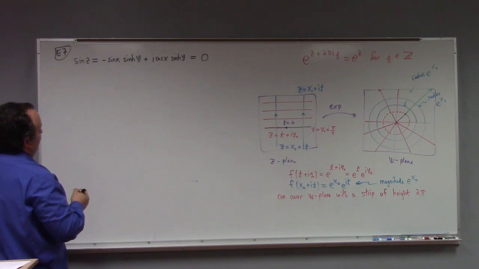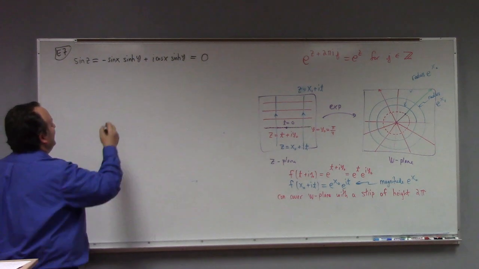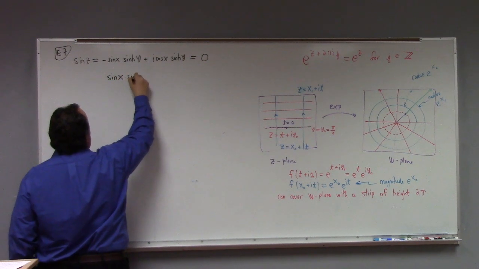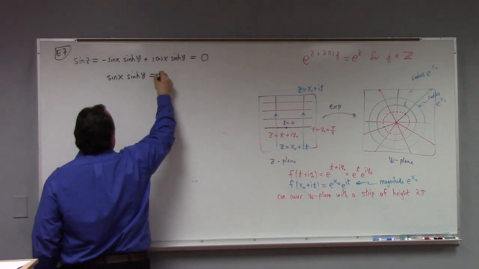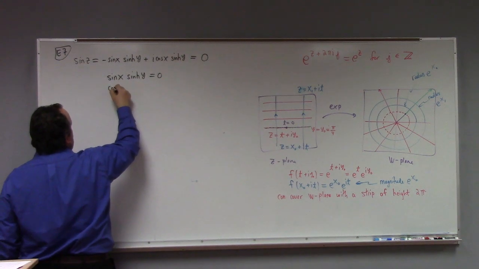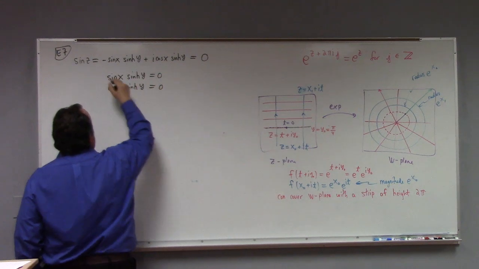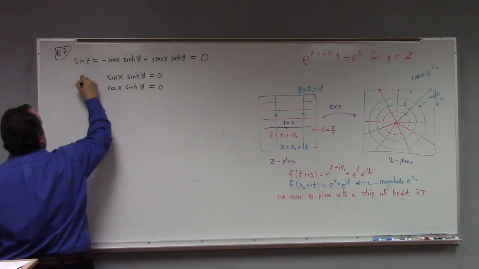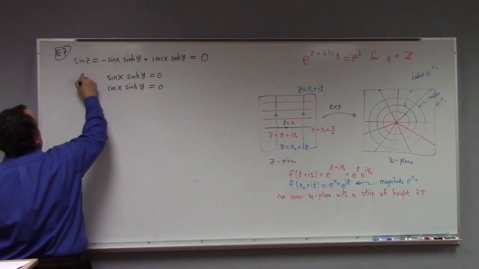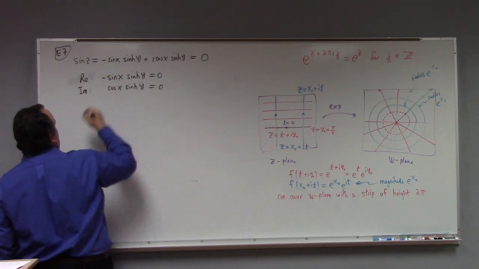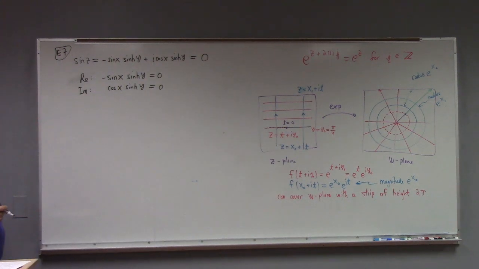All right, let's see here. So we have sine x sinh y equals 0, and we have cosine x times sinh y equal to 0, right? The real part, the imaginary part. I could put a minus here if it makes you feel better. But the thing is, sinh of y is never 0, except at 0.